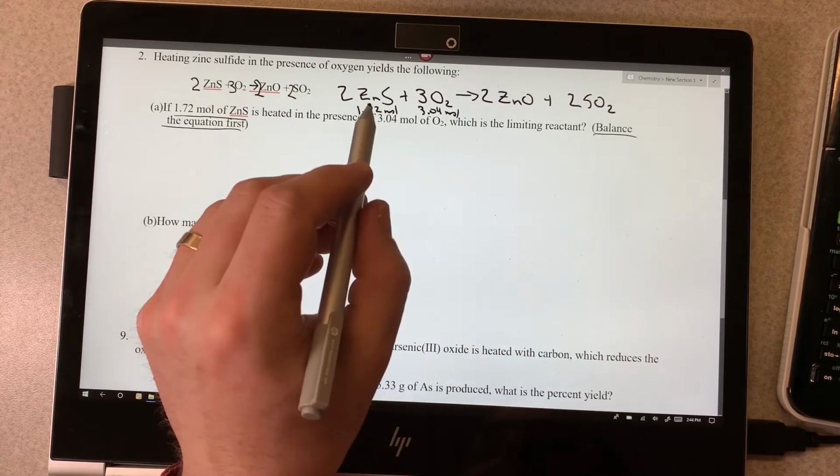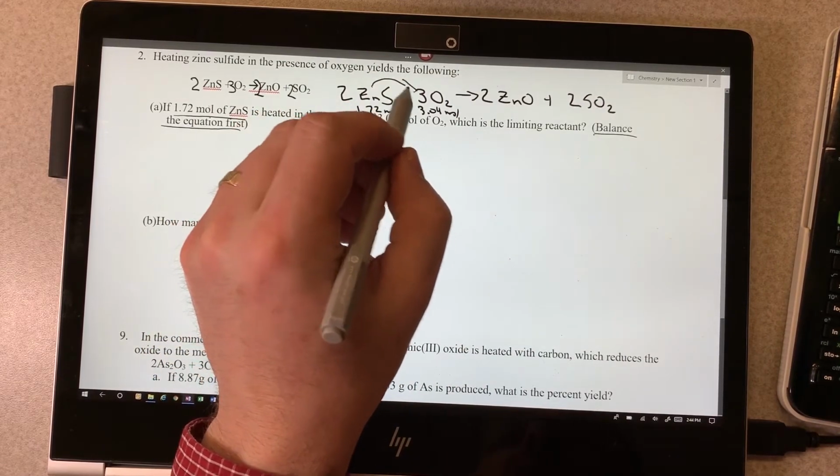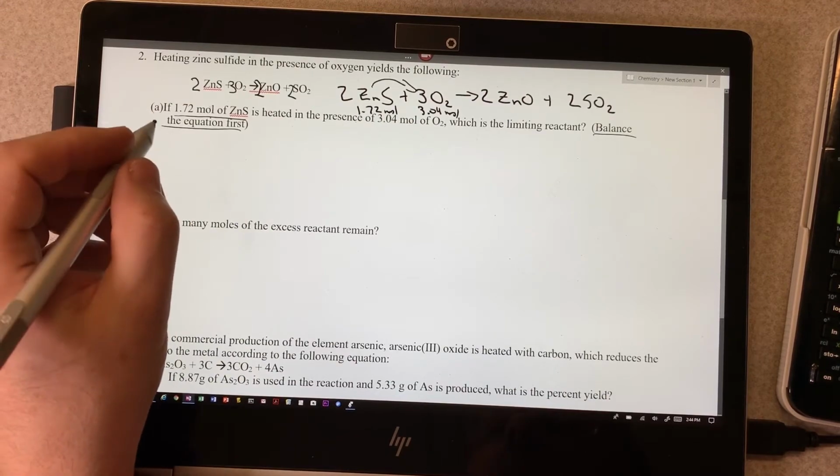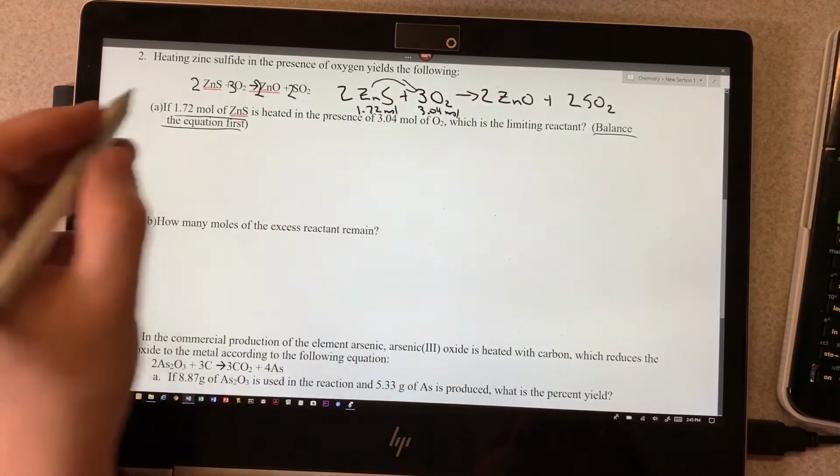I'm going to do that by converting this into that, and then comparing them, because I'm not asked about any of the products, so I can just compare one to the other.